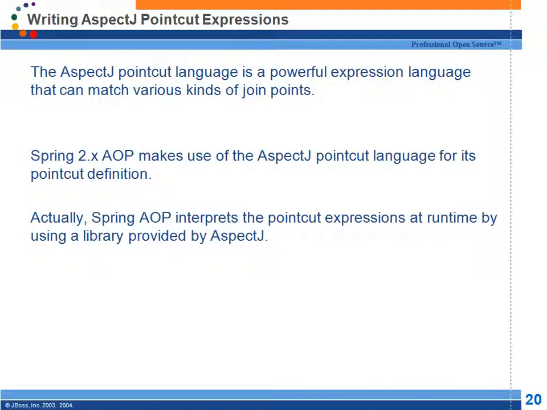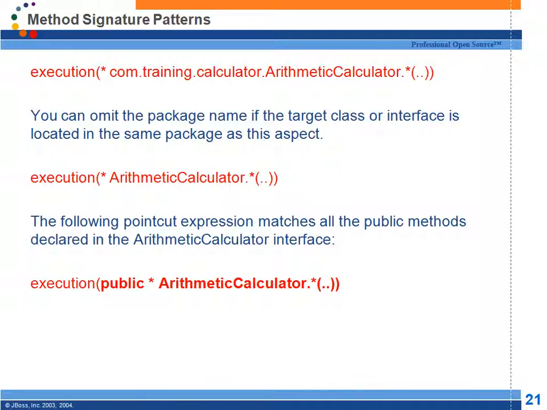Okay, as I told, AspectJ expressions, execution, return type can be anything. This is a class, fully qualified class name. If you are defining this pointcut in XML, you have to give the qualified name.